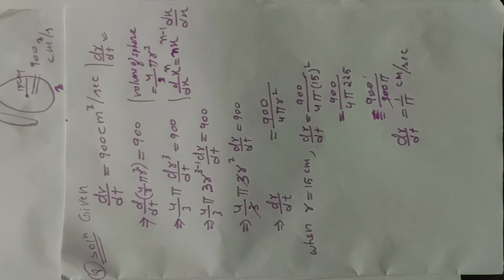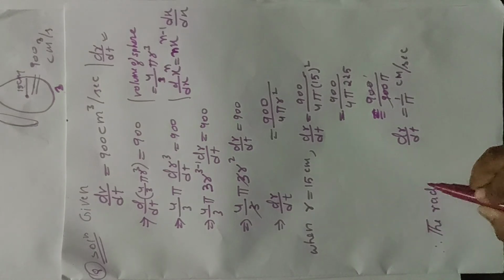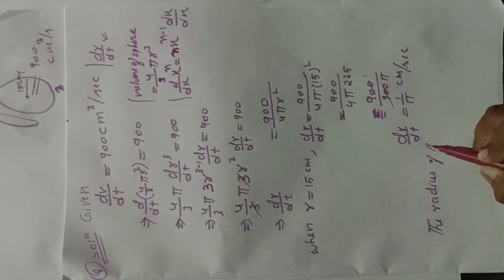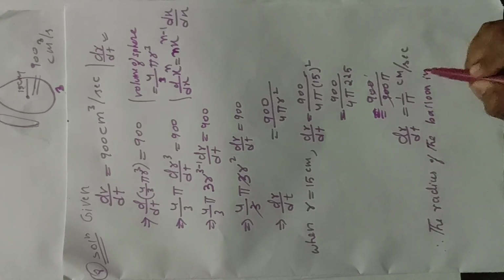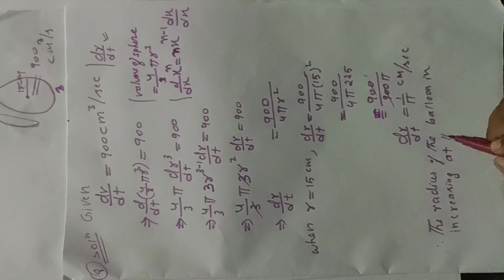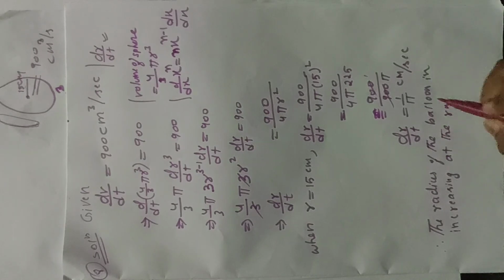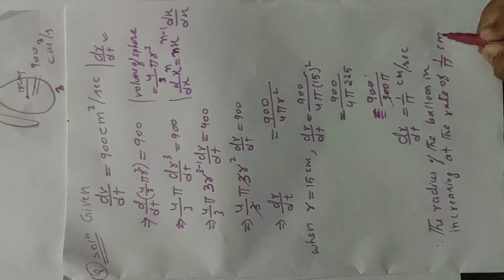Now the radius of the balloon is increasing at the rate of, therefore the radius of the balloon is increasing at the rate of how much? 1 by pi centimeter per second.